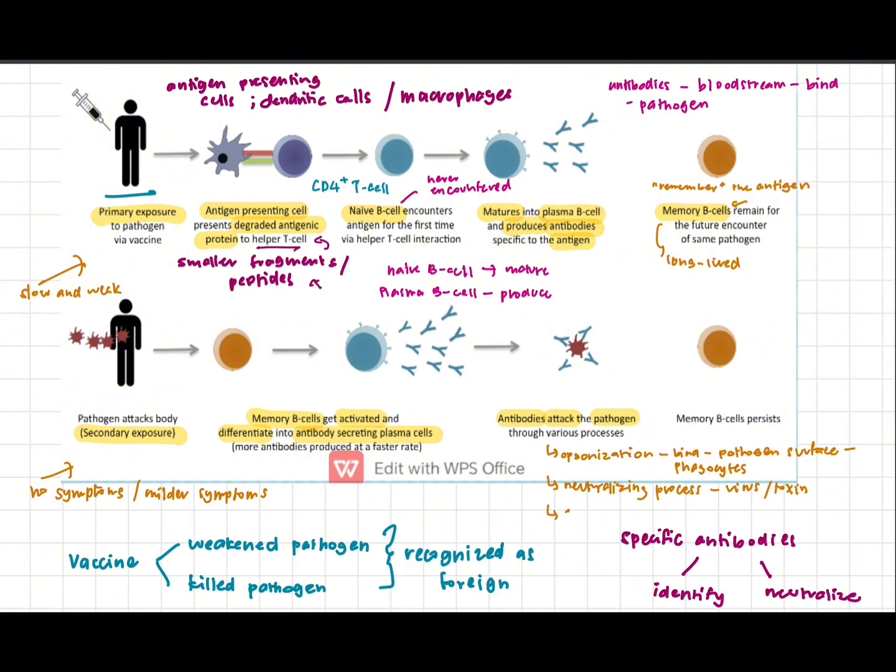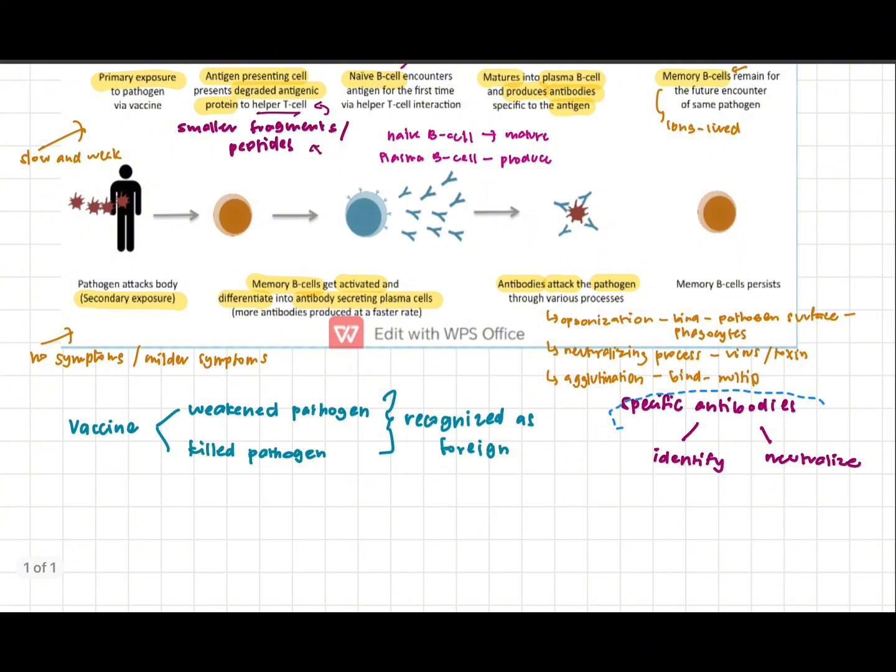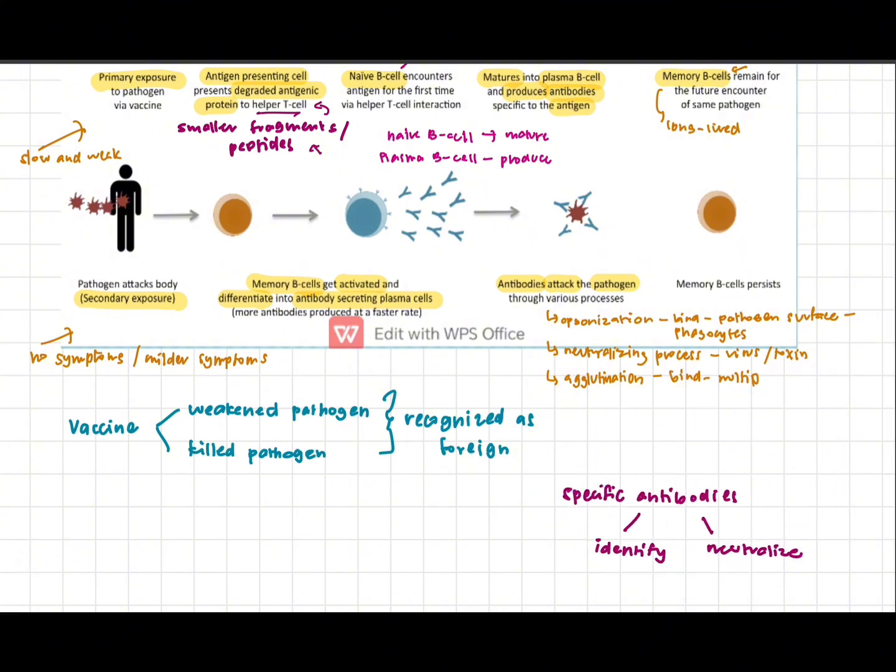And then next is agglutination. In agglutination, the antibodies can bind to multiple pathogens to form immune complexes, which can be easily eliminated by phagocytes.